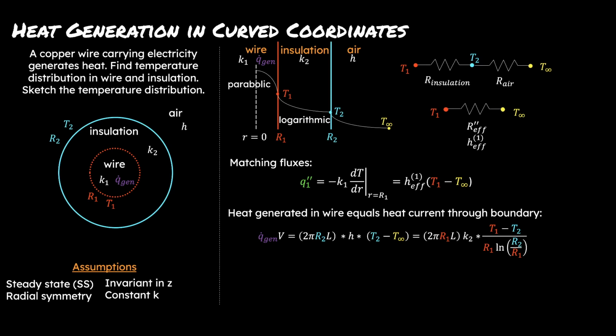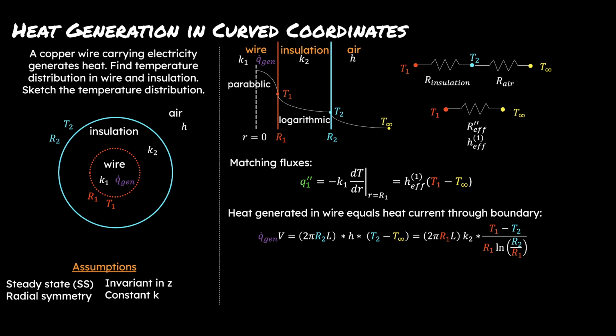We can set this equal to 2 pi R sub 2 L times H times T sub 2 minus T infinity, the center part of this equality. This is the heat transfer through the air defined at the boundary at which we have the temperature T sub 2.